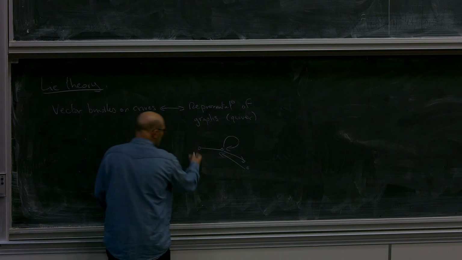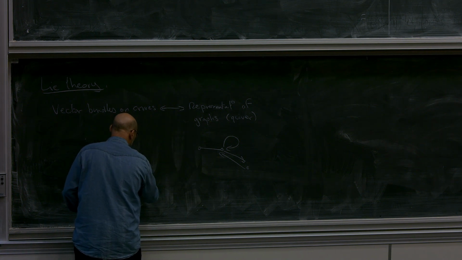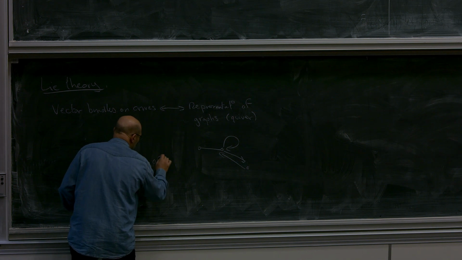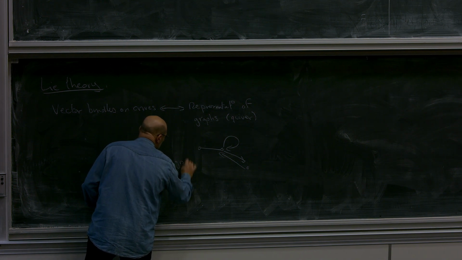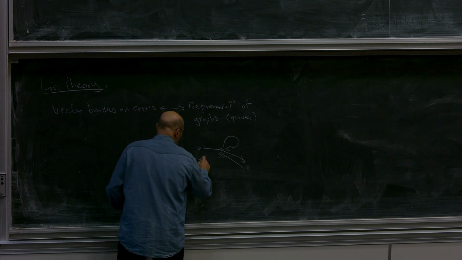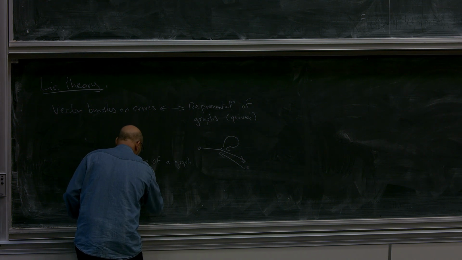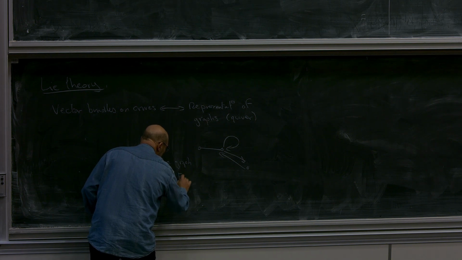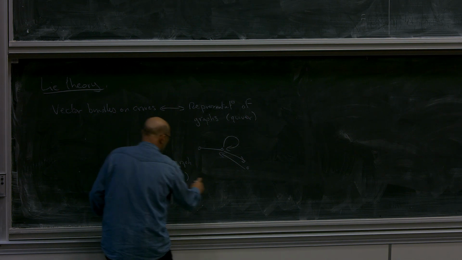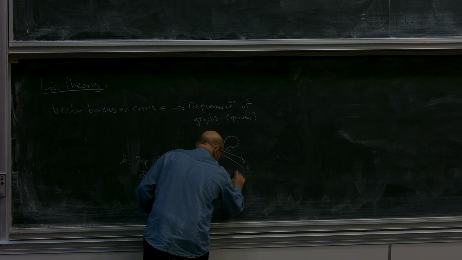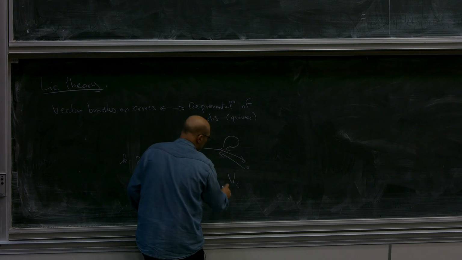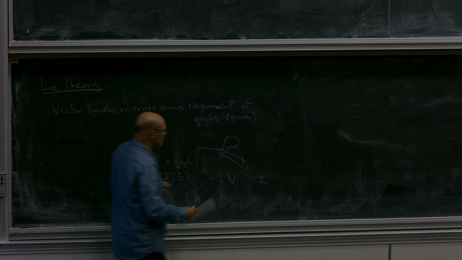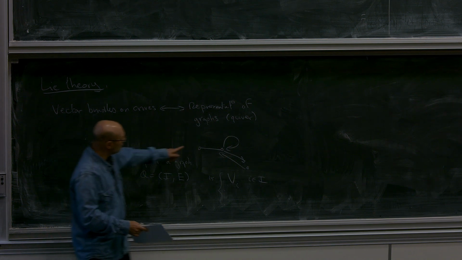So a representation of this graph over some field K. Let's call this graph Q, with vertex set I and edge set E. So I have to give you a collection of K vector spaces V_i, one for each vertex.